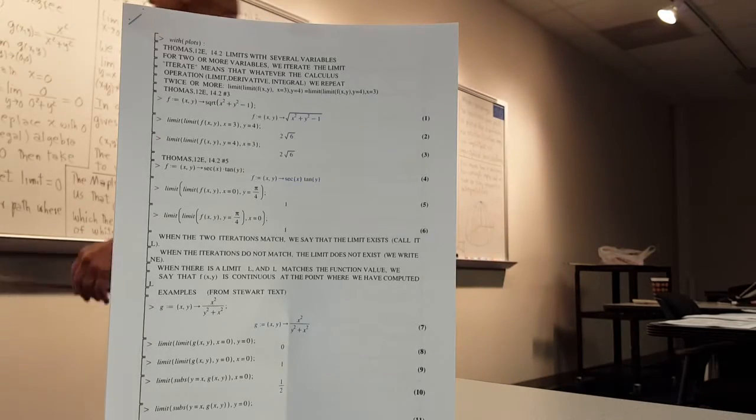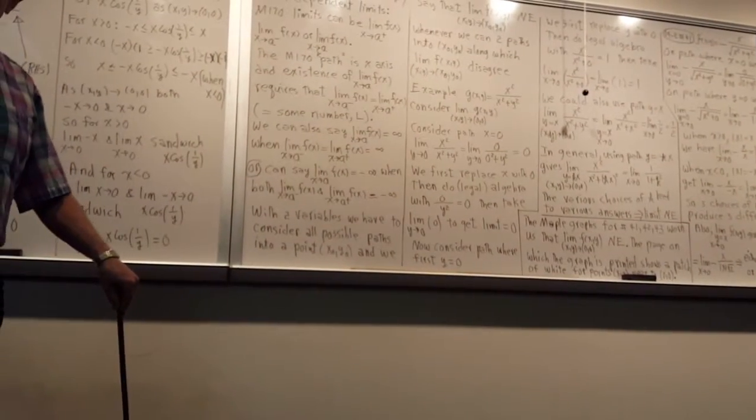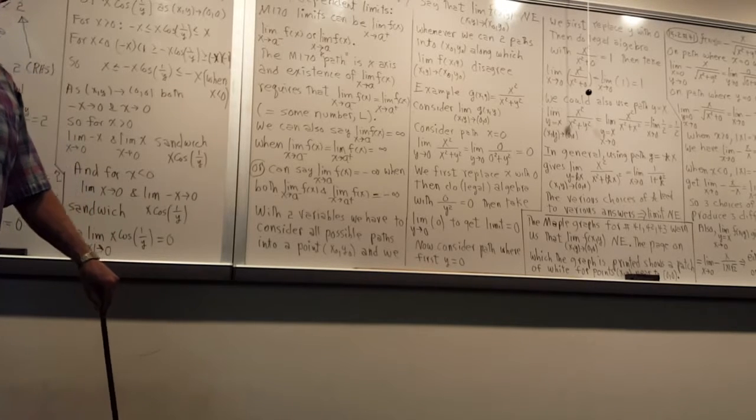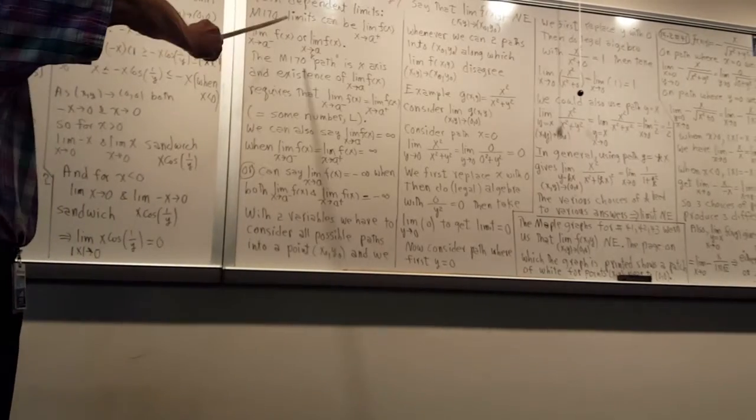Okay, so let's talk about limits then. The rest of what 14.2 is about is limits, and doing limits of functions of 2 or 3 variables.